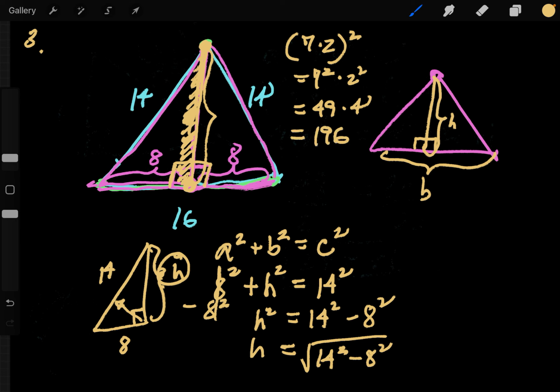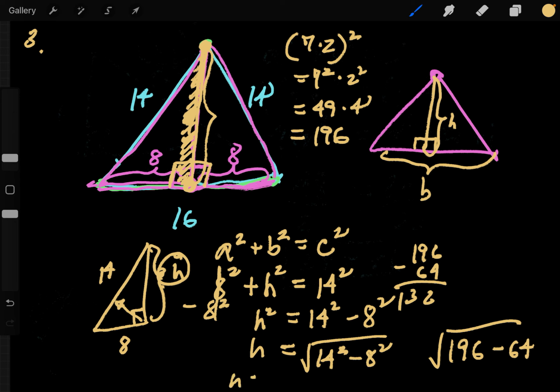So this is the square root of 196 minus 64. I was making mistakes before, so let's be a little more careful. So this is the square root of 132.